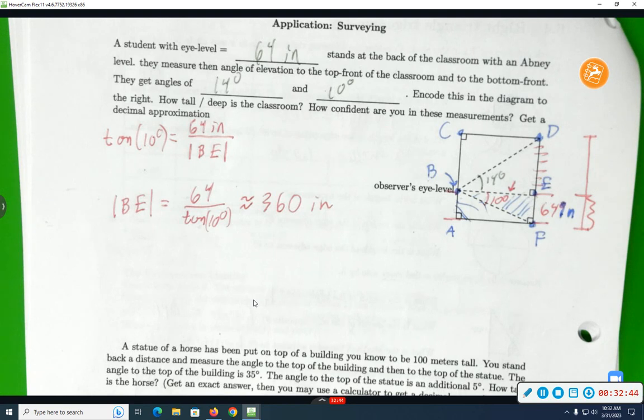Is there a right triangle involving DE whose angle and side length I know? Yeah. So let's use SOHCAHTOA again. Which trig function looks useful? Tangent. What equation do you get?